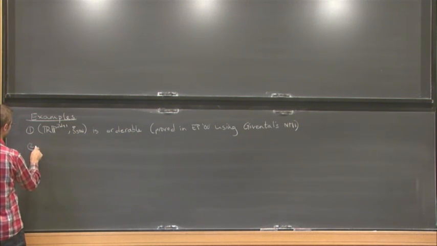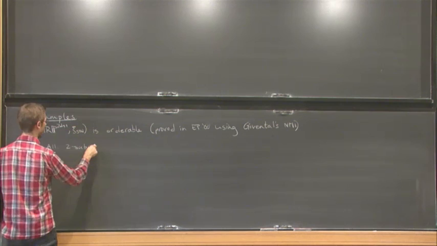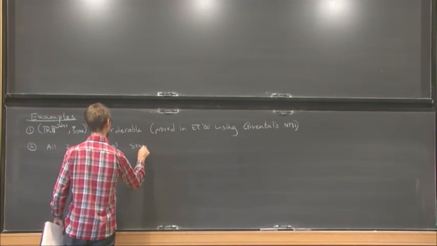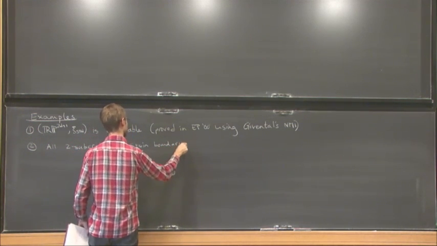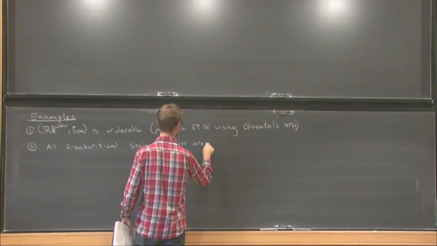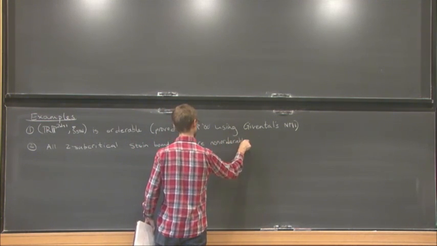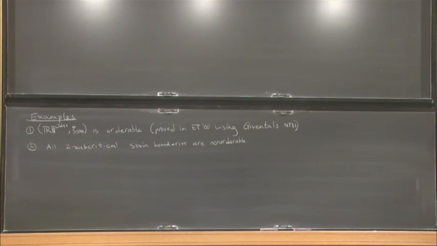But it turns out that all subcritical Stein boundaries are non-orderable, which includes standard spheres. And here what I mean by a Stein manifold is a complex manifold with an exhausting pluri-subharmonic Morse function.